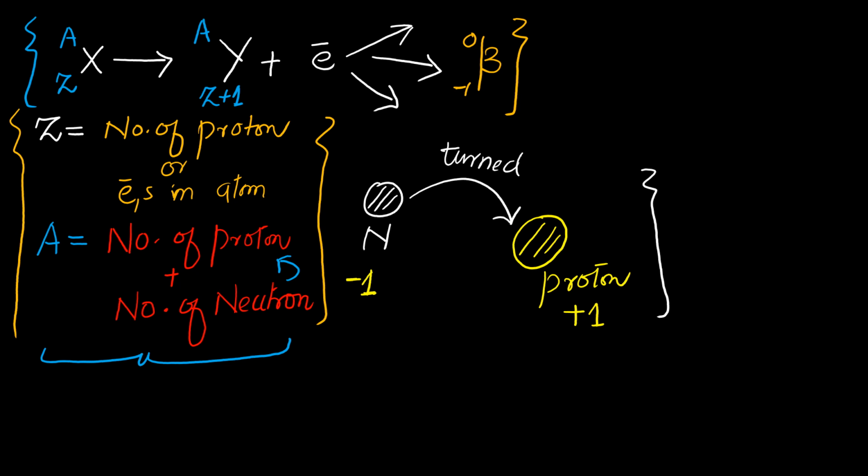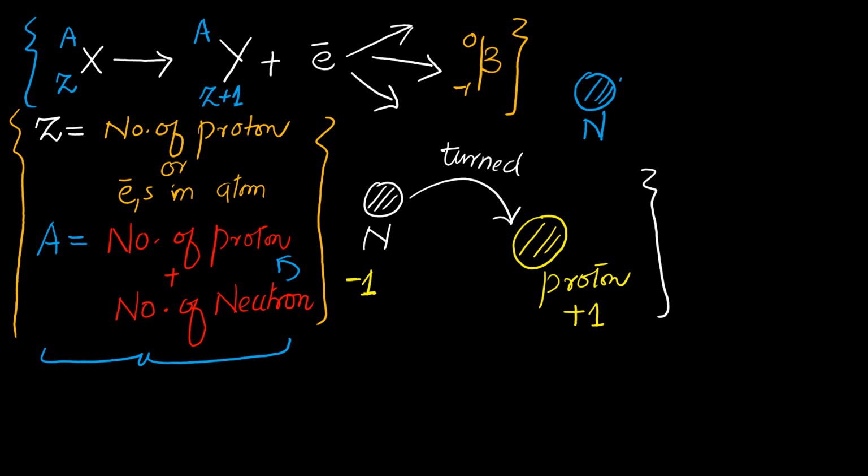So, dear student, if I conclude the beta decay, in beta decay, basically we have a nucleus, and the nucleus has protons and neutrons, and if an atom has more neutrons than protons, then such types of atoms are unstable.